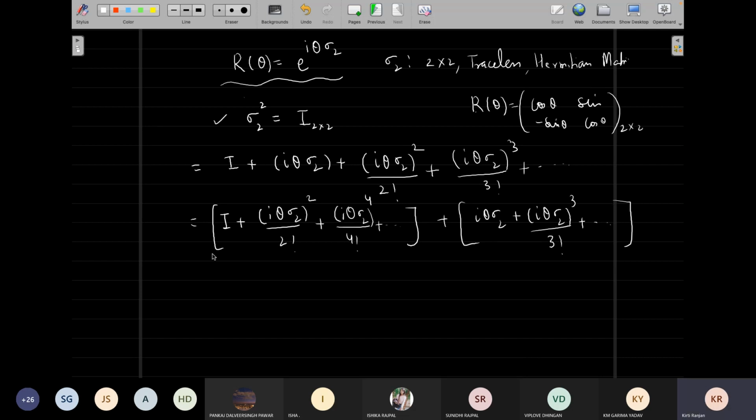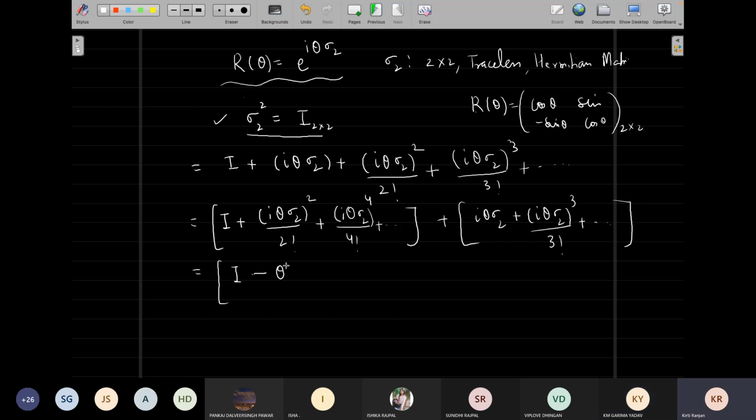Now use the property which I have already given you. So sigma 2 square and sigma 2 raised to power 4 will all be nothing but identity matrices. So what will this become? I plus the next term: i square theta square over 2 factorial. What is i square? Minus 1.